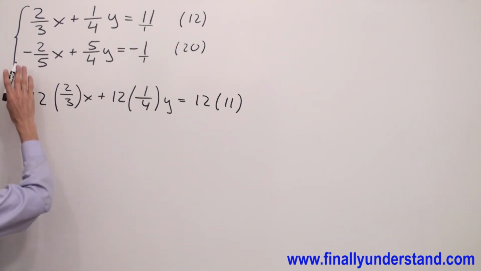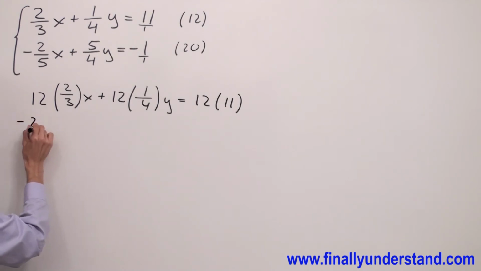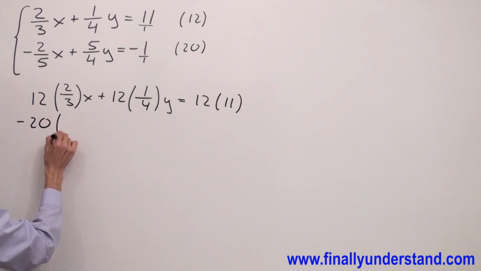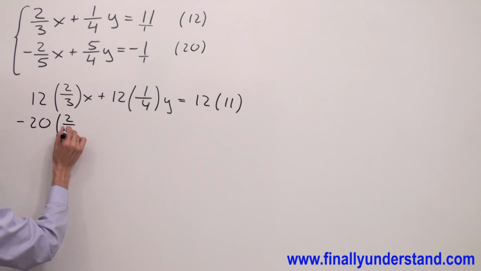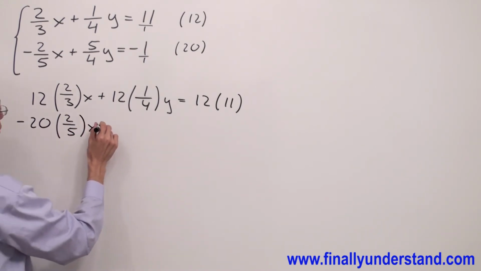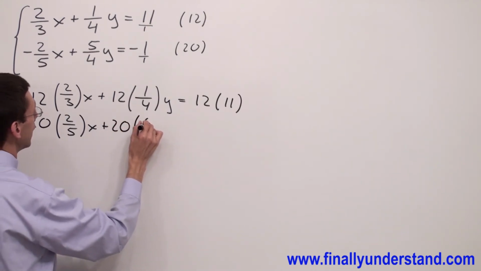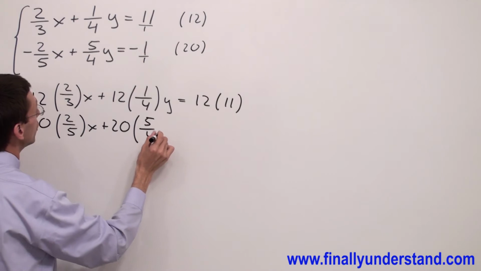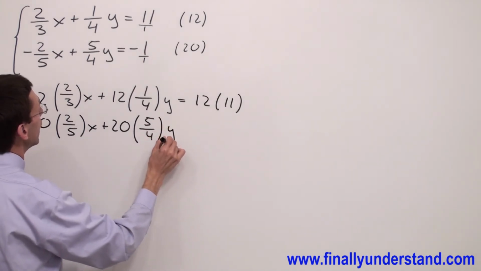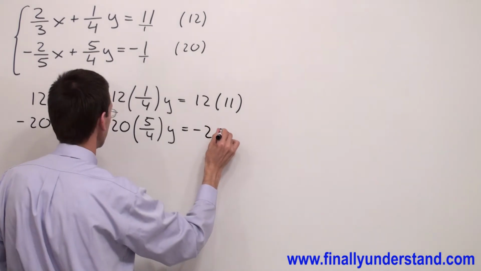So negative times positive gives me negative. So I'm going to have negative 20 times 2 over 5x plus 20 times 5 over 4y equals negative 20.